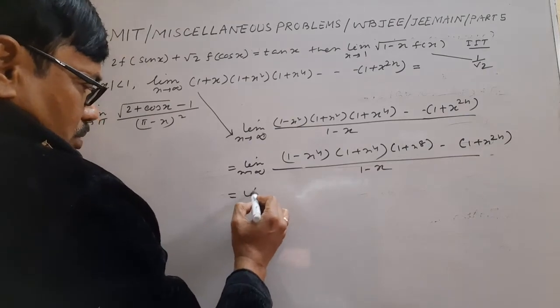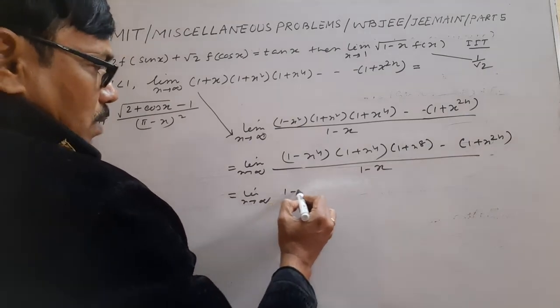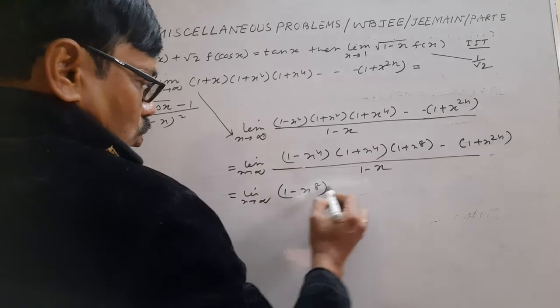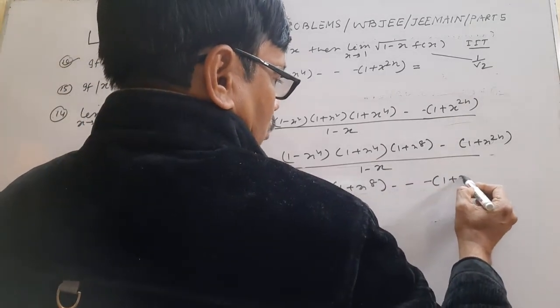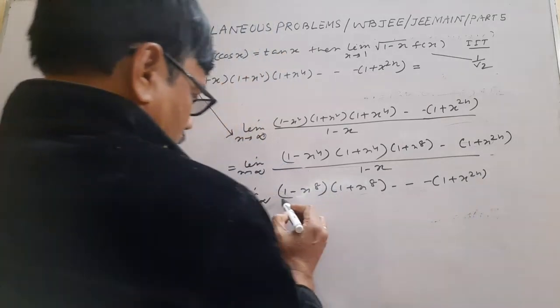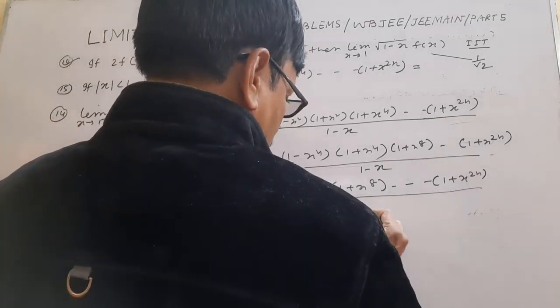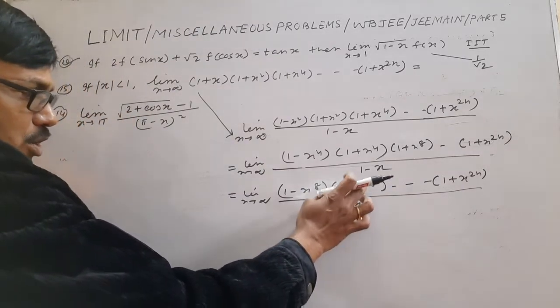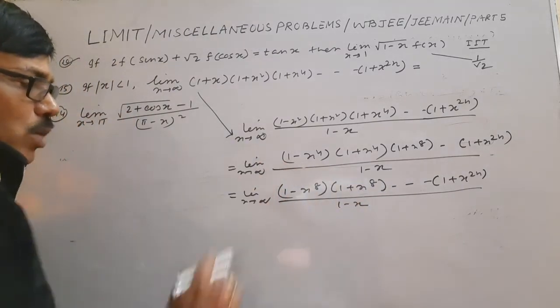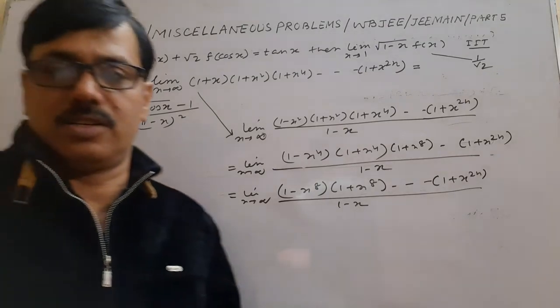The next step, 1 minus x to the power 8, 1 plus x to the power 8. Then we have to use the induction method. So if it is 1 minus x, 1 plus x to the power 8, so previous is 1 minus x to the power 8.